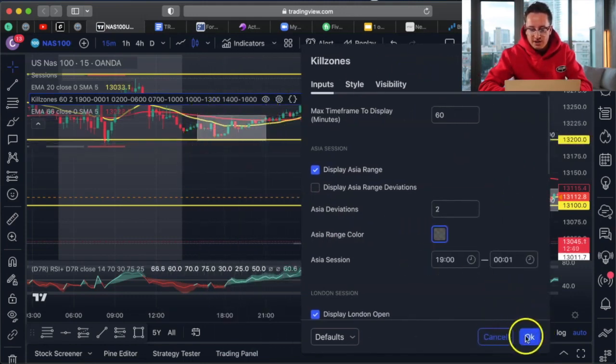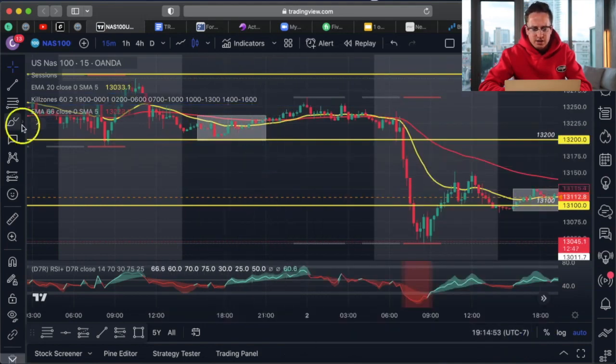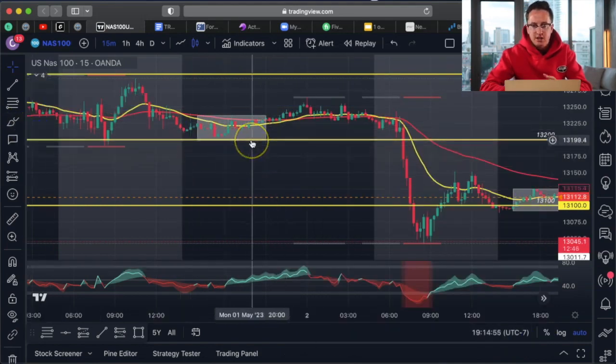So I have the Asia range indicator right there, and this is just simply showing us where the Asia session is, because a lot of feedback on what's going to happen during the New York session and at the market open is actually going to be happening during the Asia and the London and the beginning of the New York session. So that's going to give us a ton of feedback that is extremely important for us to figure out whether we're going to go long or short and figure out our bias.